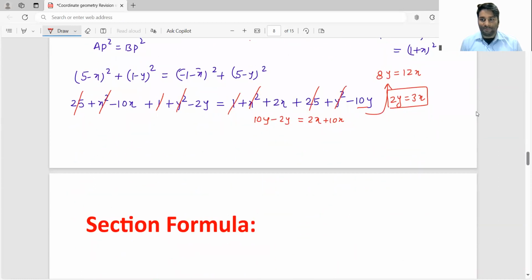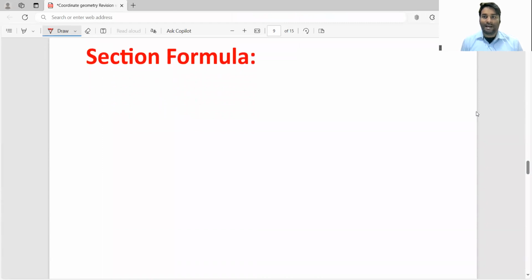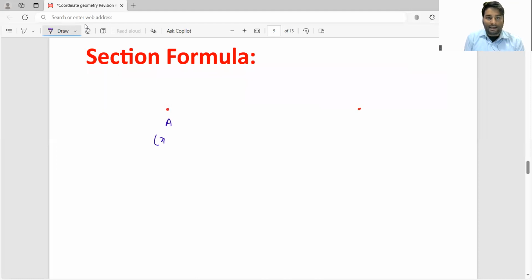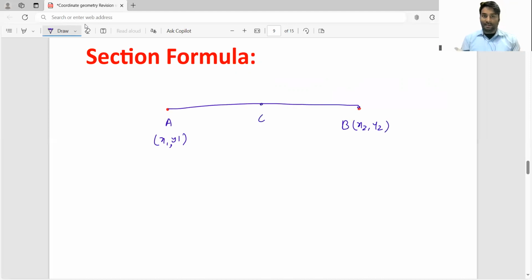Okay, now moving further. We have the section formula. What is this? Suppose we have two points, A (x1, y1) and point B (x2, y2). Now a third point, suppose C, is dividing the line joining these points in the ratio m is to n.